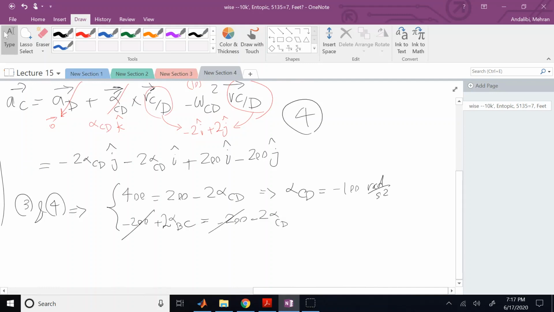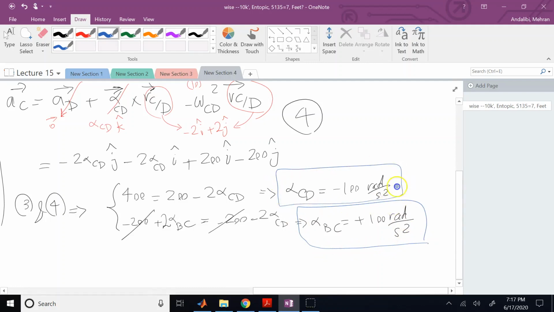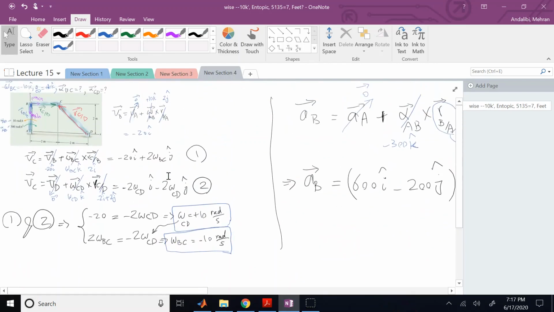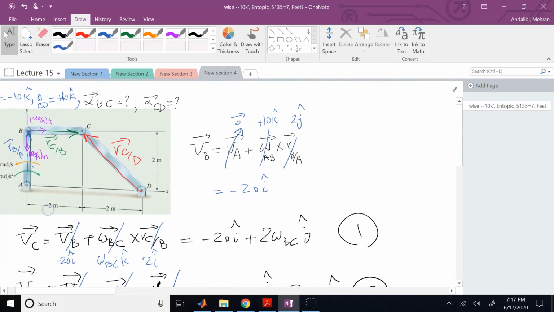You see alpha BC is going to be negative alpha CD, and it's going to be positive 100. And these are my alphas. Okay, so BC is 100, the other one is negative 100, and I can go and write them over there too.